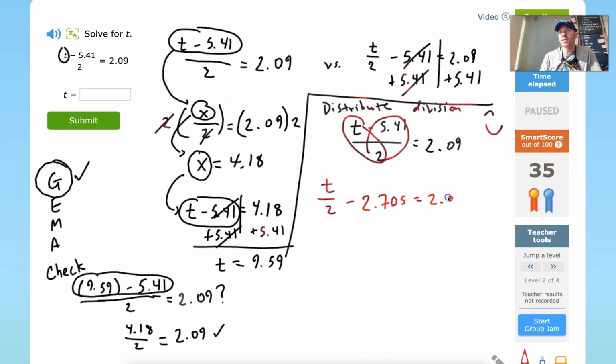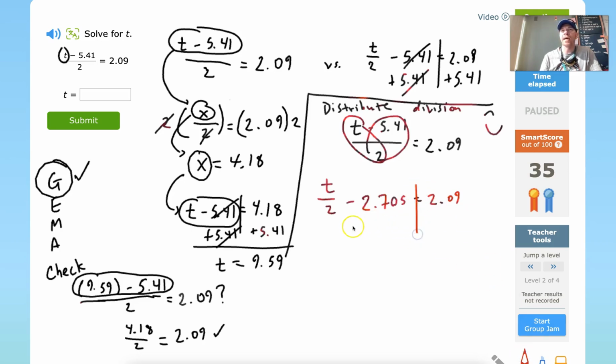The 2.09 is just hanging out on the other side. You can do that if you want to. I would warn against this because sometimes your division won't work out nicely. The minus 5.41 works out to exactly 2.705, but it doesn't always work out that nicely.